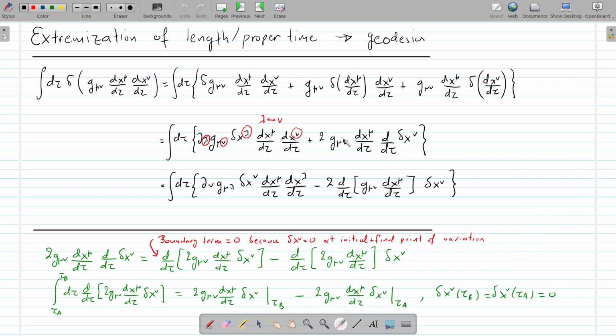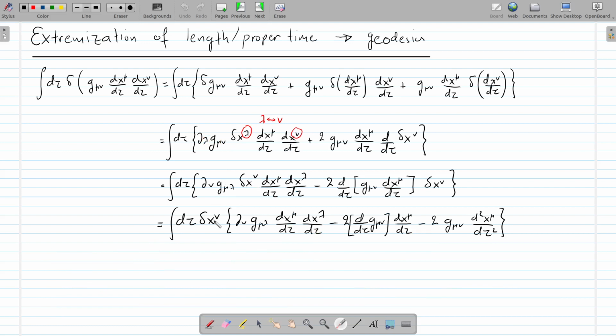So we can do the partial integration and move the derivative from delta x to the other factor here. And then you can see that we can factor out delta x just by relabeling the indices on the first term. So we change lambda to nu and nu to lambda to obtain this expression here, and delta x nu can be taken to be a common factor. So here we have the derivative d/d tau acting on this product.